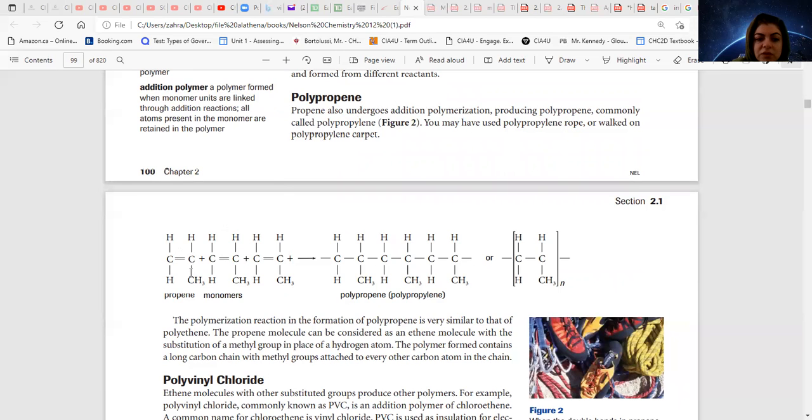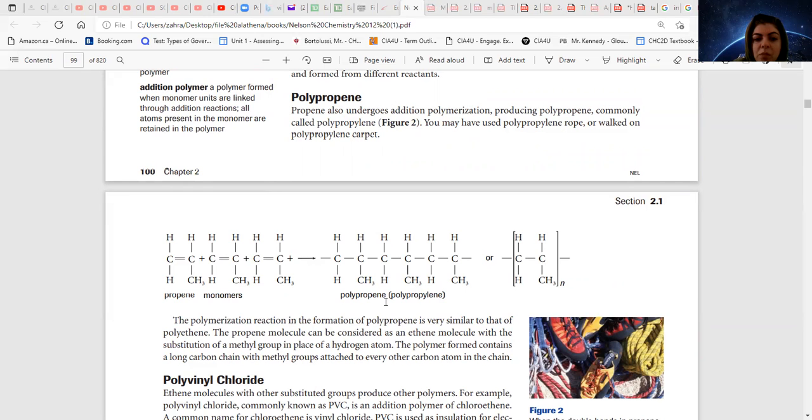So they just put it this way for you to see the double bond break for each of these propene. So this propene will link to each other from this carbon, right? And it's shown here. So again, we have propene, and this is going to be polypropene.